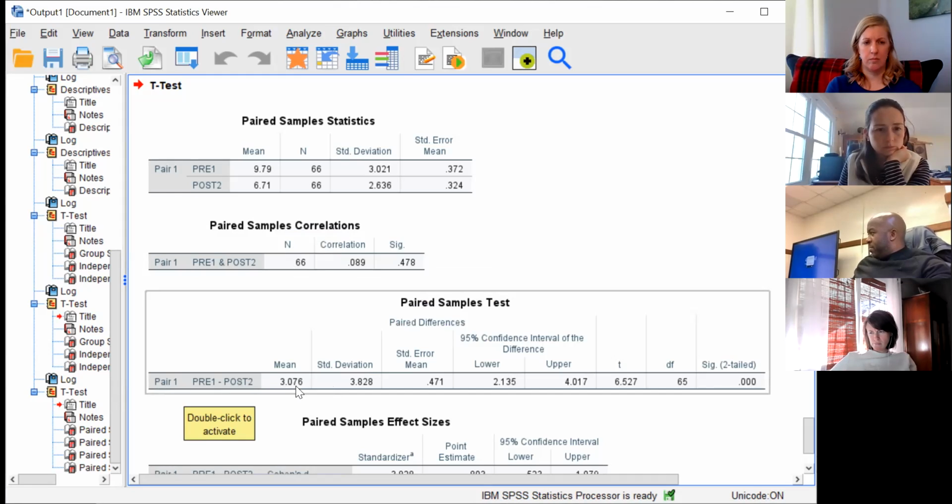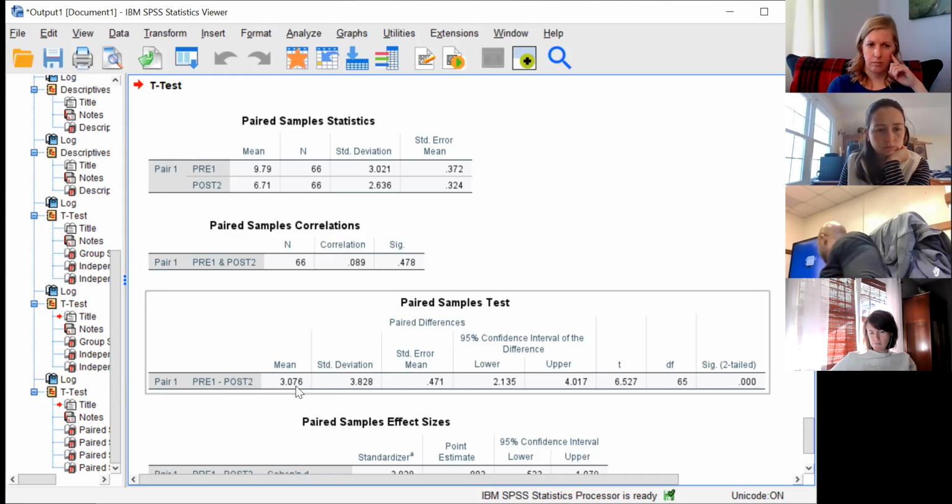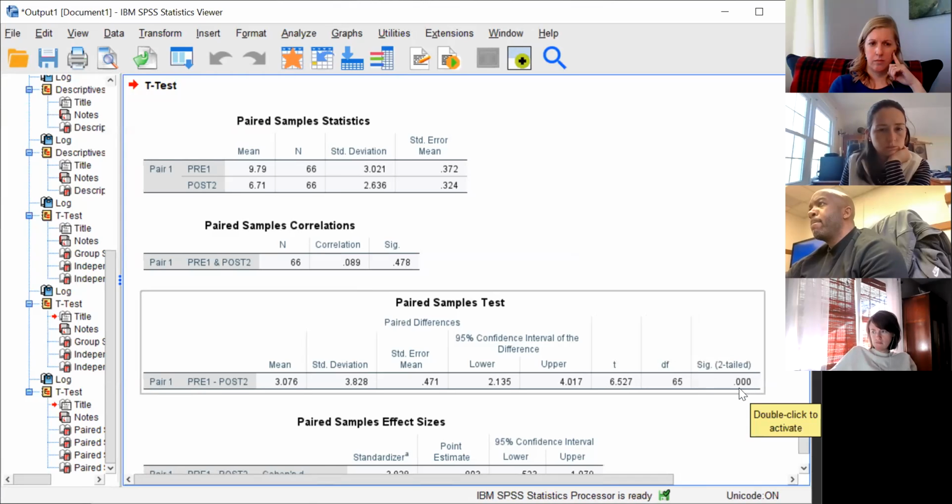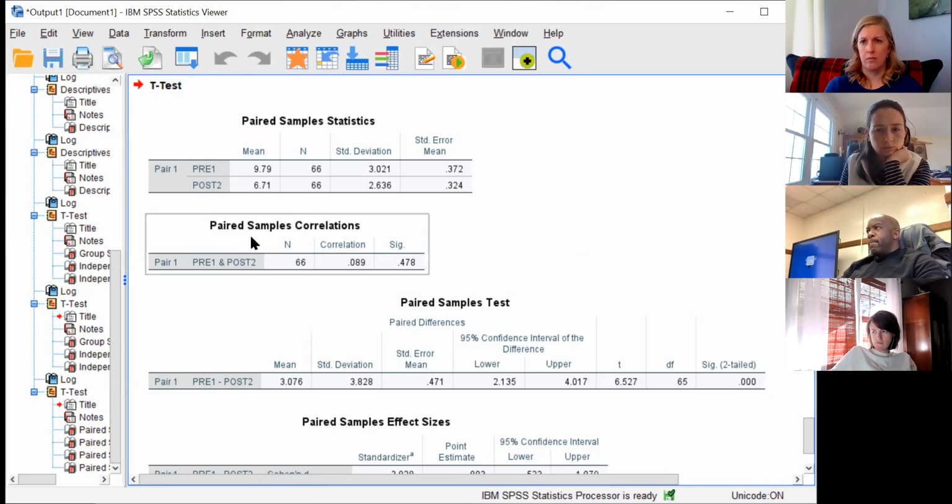And the t-distribution for pre-post for paired samples is the difference between each individual's pre minus each individual's post added up. Those differences added up, and then it works just like sum of squares sorts of things. The significance level is 0.000, which means these are significant differences from pre to post.